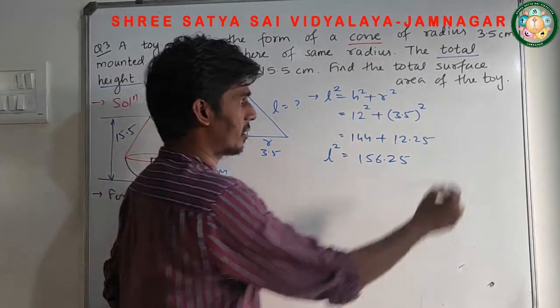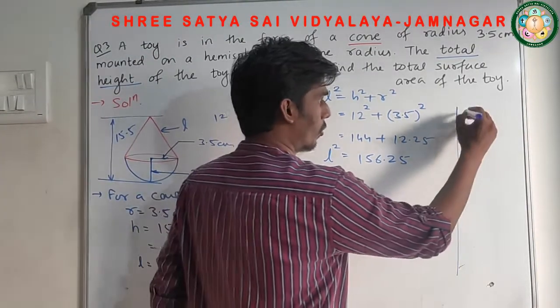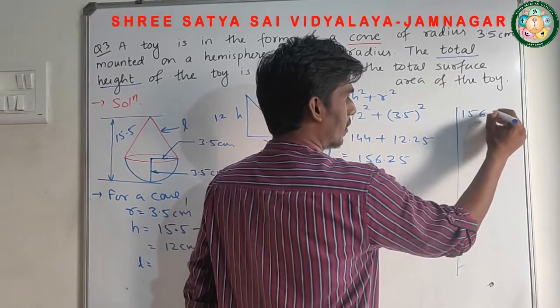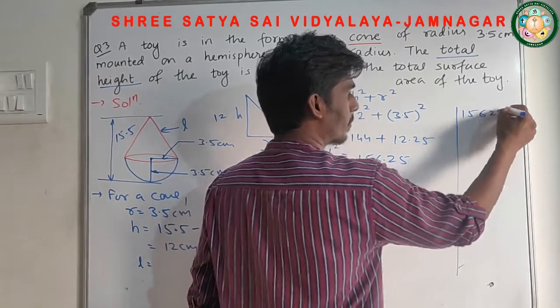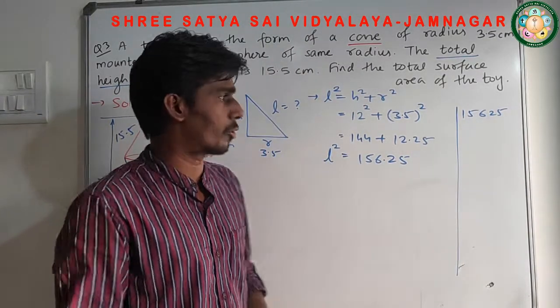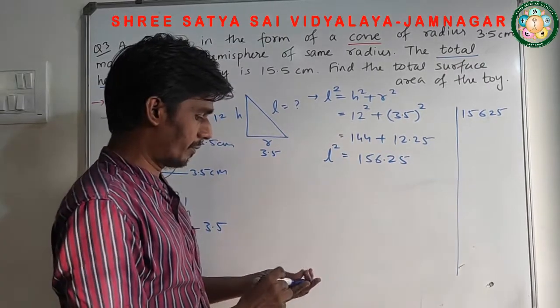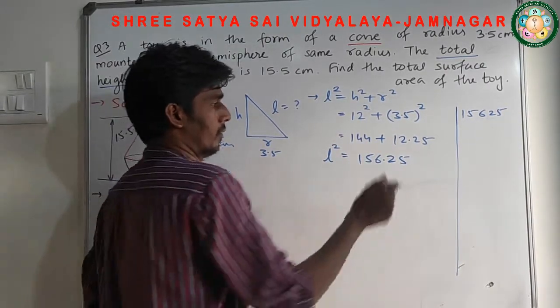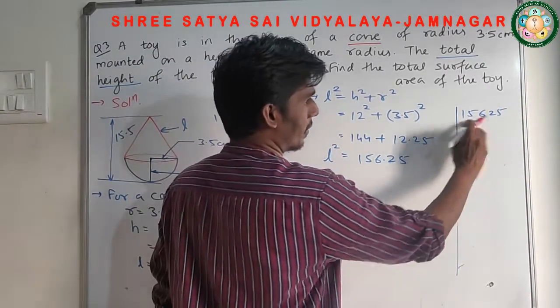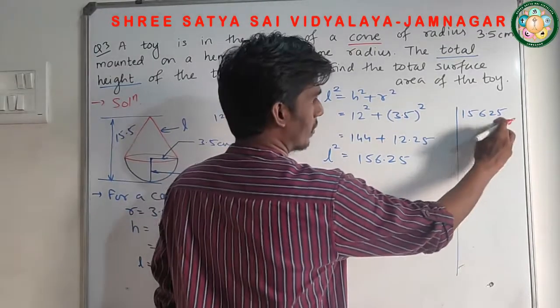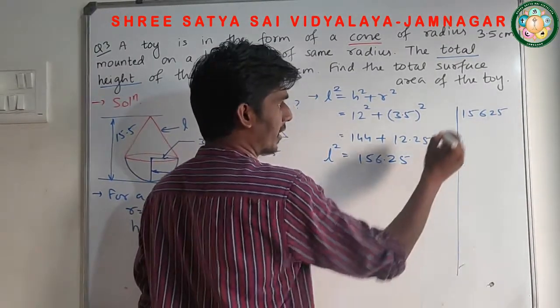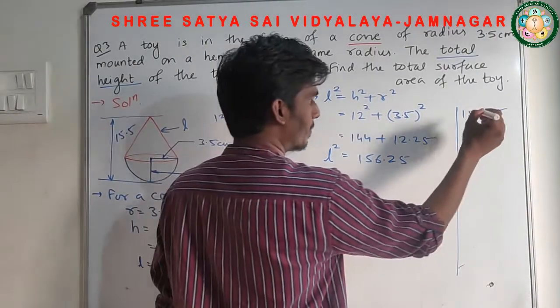Now I have to find its square root. Those who don't know how to find square root, you can do by this simple method also, or by the division also. So I'm going to use this one only. It's not a multiple of 3, it's a multiple of 5.